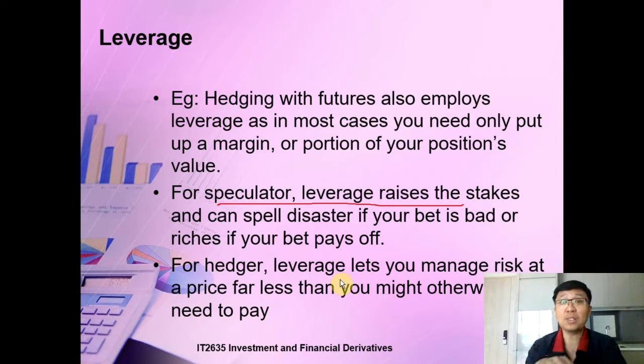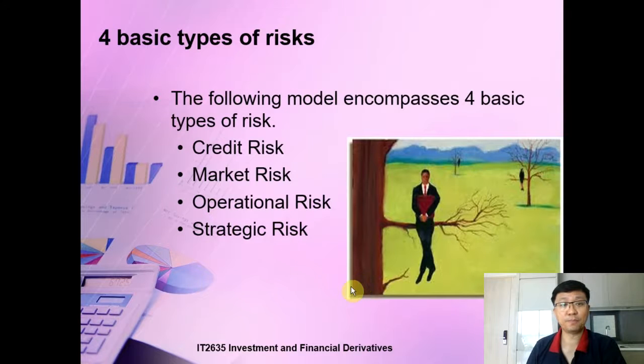But with insurance, you are able to enjoy a large payout with just a small percentage of insurance premium that you need to pay. So this is a kind of leveraging, right?